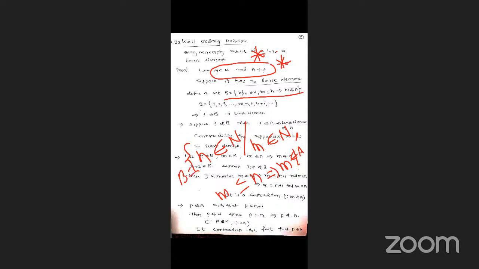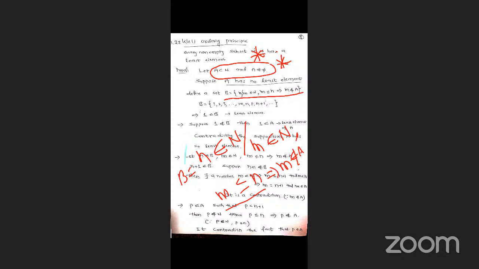Here A has no least element, A is a subset, and B is also another subset.